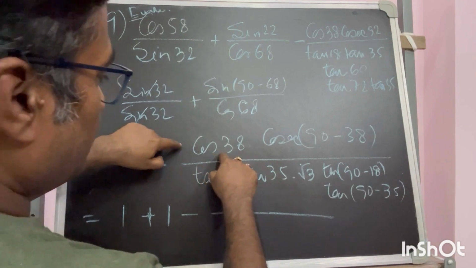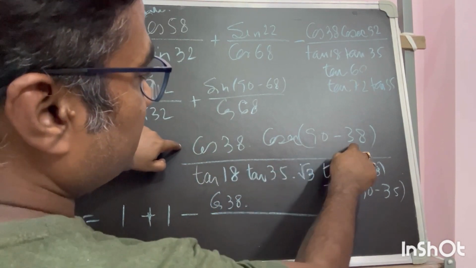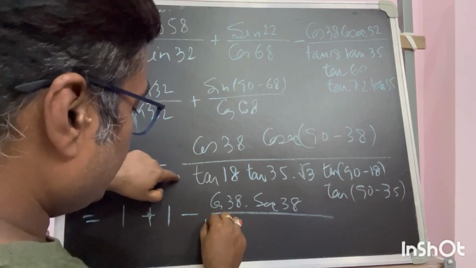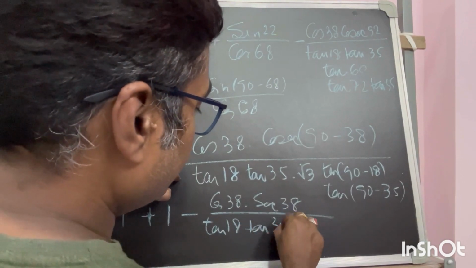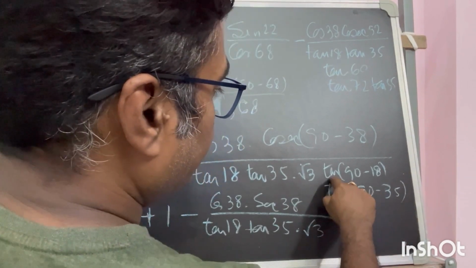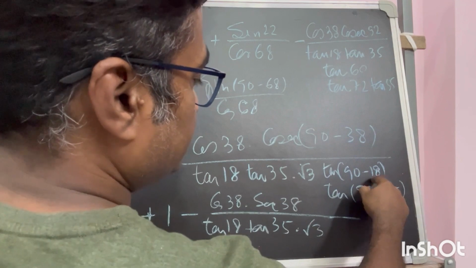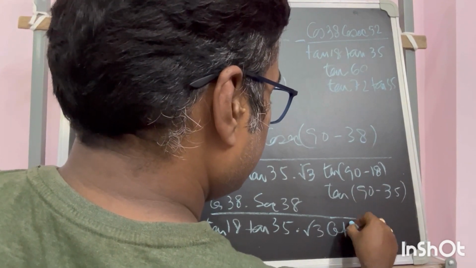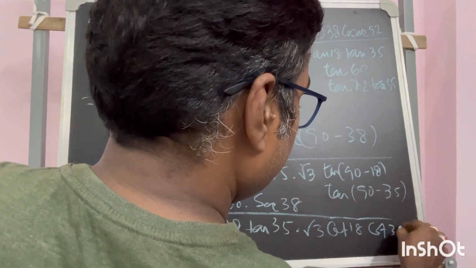Top: cos 38, and cosec of 90 minus 38 means sec 38. Tan 18, tan 35, into root 3, tan of 90 minus 18, because that was 72, equals cot 18. Similarly, this will be cot 35.